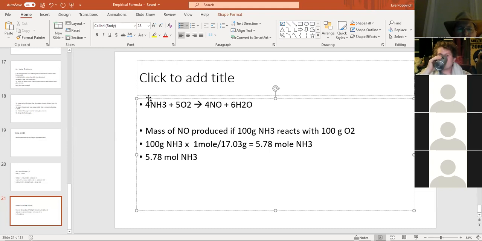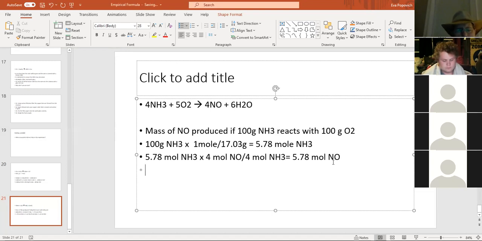What is the ratio of NH3 to NO? 4 to 4. So what this is saying is, if I start with 100 grams of ammonia, I'll make 5.78 moles of NO.